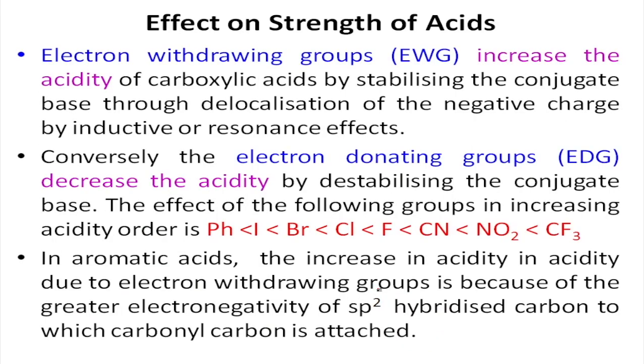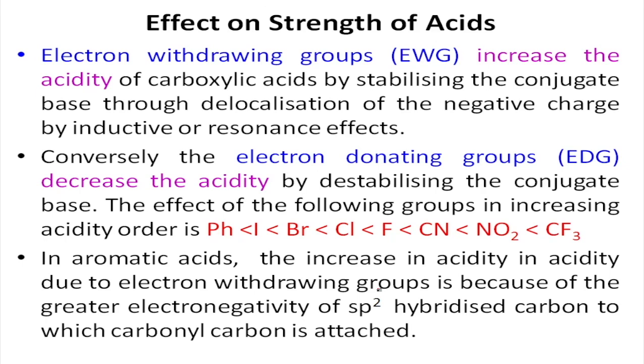So, effect of strength of acids. Electron withdrawing groups increase the acidity of carboxylic acids by stabilizing the conjugate base through delocalization of the negative charge by inductive or resonance effect. Conversely, the electron donating groups decrease the acidity by destabilizing the conjugate base.